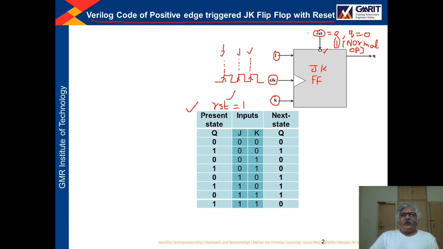In the first column, this represents the present state of the flip-flop, meaning the current output of the flip-flop. Then the next column indicates the inputs J and K. And the next column is the next state, which means the value of Q after the detection of the positive edge.